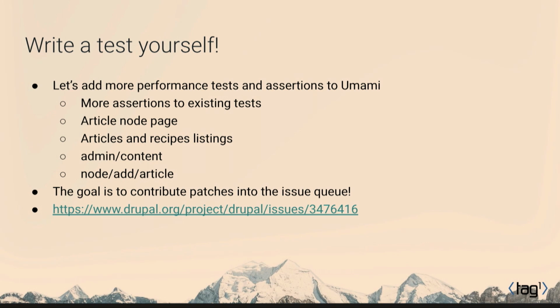Some of the existing tests are missing assertions because the tests were created before the more data that is collected was added. So we have a few of those where this would be nice to add. We would also like to add performance tests for a few pages that are not tested yet in Umami.